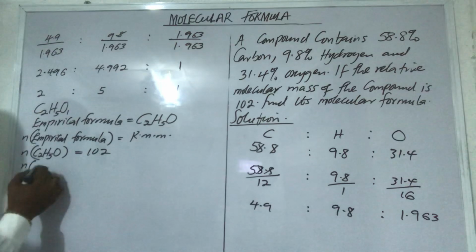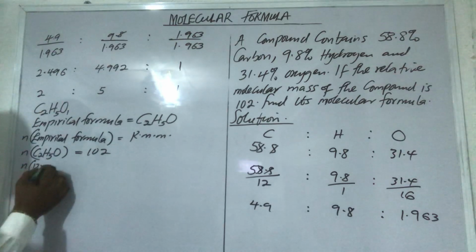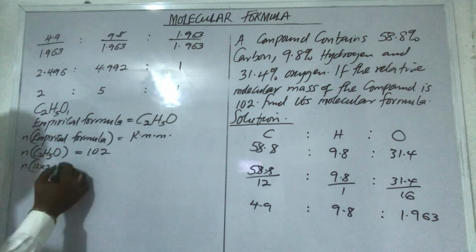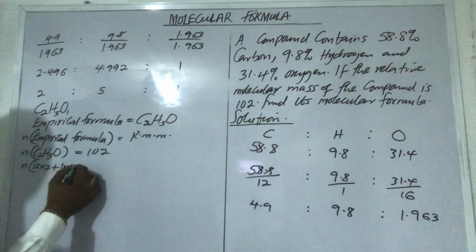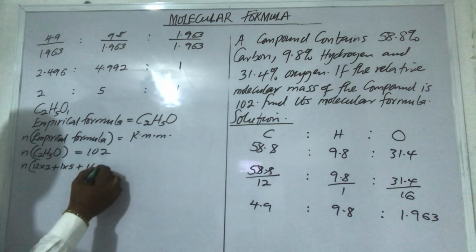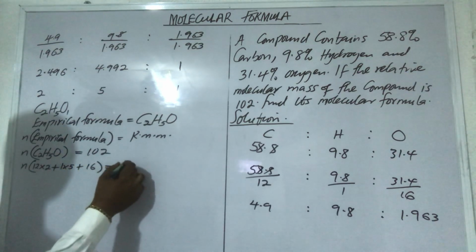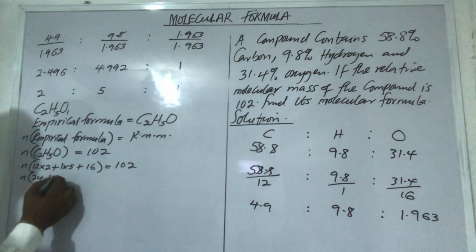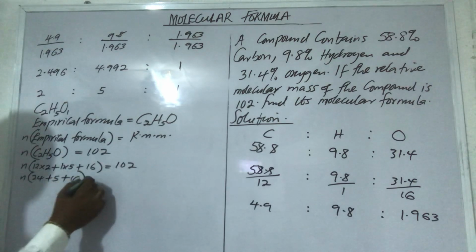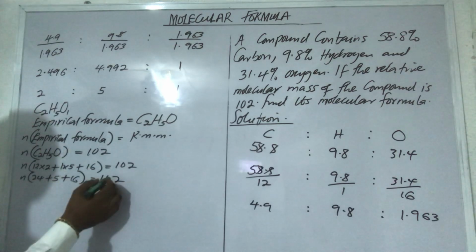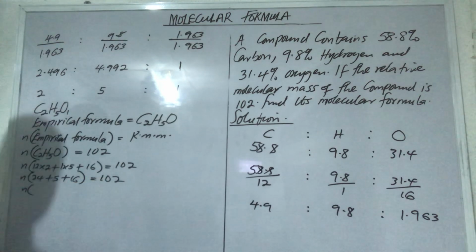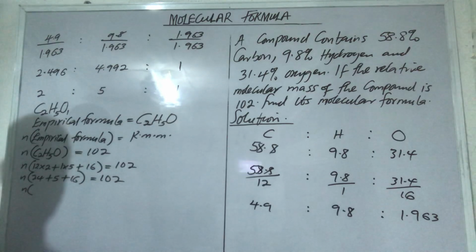So you have N into bracket, carbon is 12 times 2 plus hydrogen is 1 times 5 plus oxygen is 16, is equal to 102. So you have N into bracket 24 plus 5 plus 16.